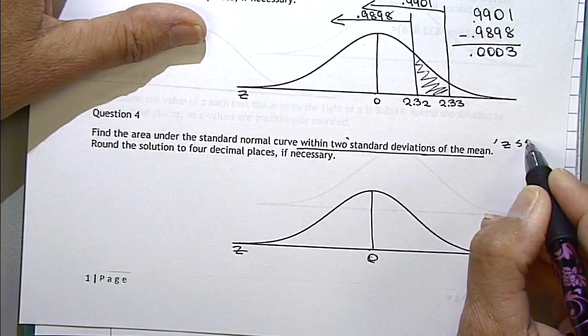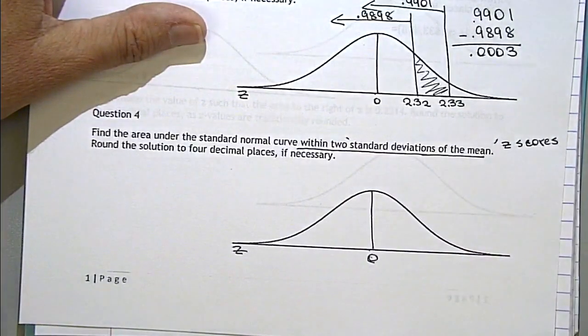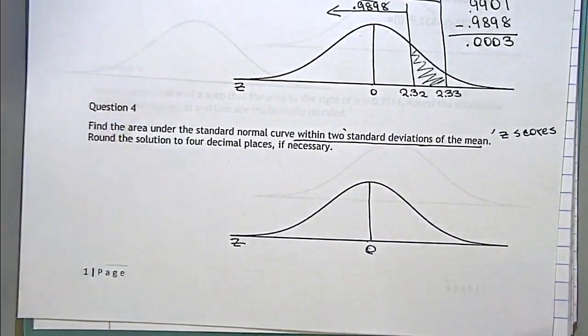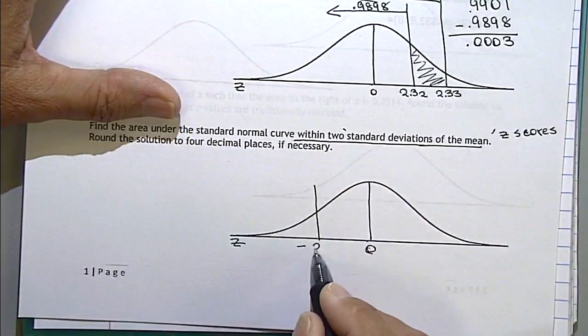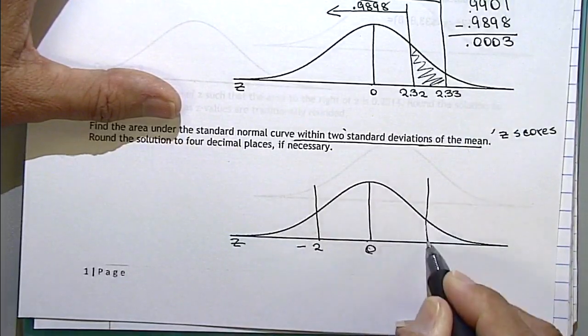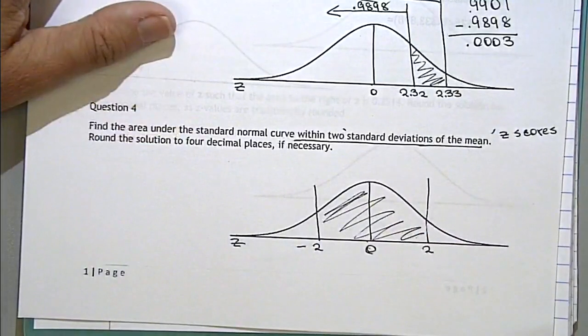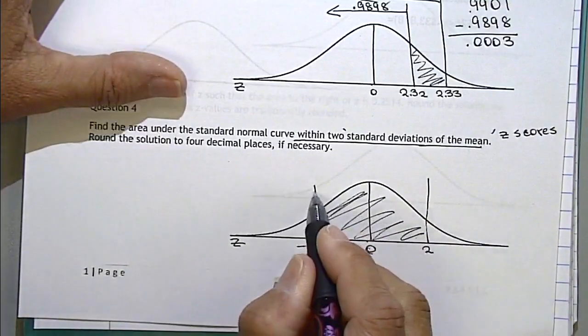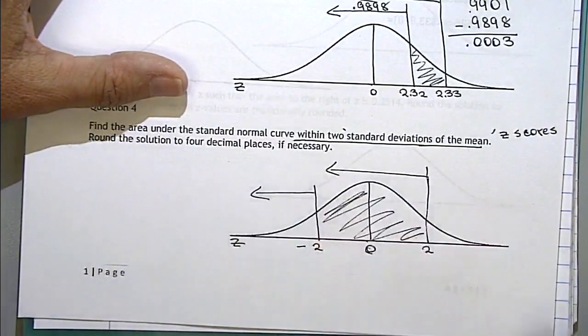That's what z-scores are, aren't they? So if I say within 2 standard deviations of the mean, I'm saying within 2 z-scores. Two z-scores from the mean would be a -2, and over here a +2. I want this area between them, don't I? Well, that's easy. I look them both up, and I subtract the smaller one from the bigger one.